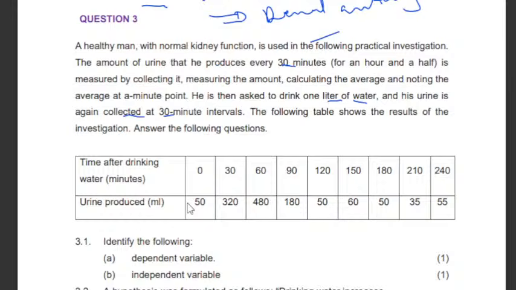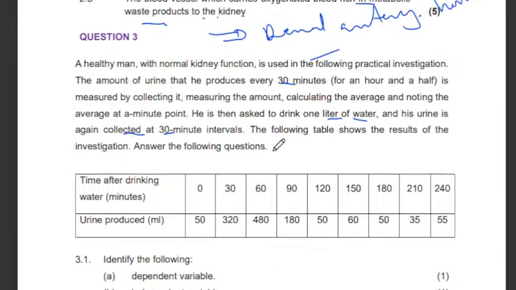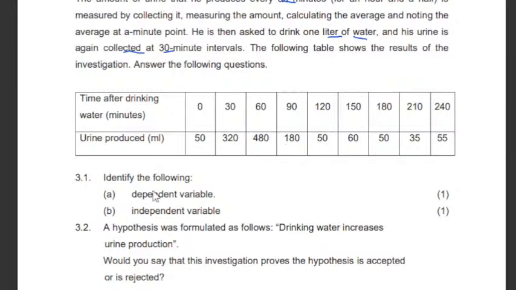Meaning that we need to look at how we control the amount of water in this human if there is excess water. So now number one, they're saying identify the independent variable, identify the dependent variable. The dependent variable is going to be the production of urine. Yes, because time can't be dependent. Time cannot depend on anything.